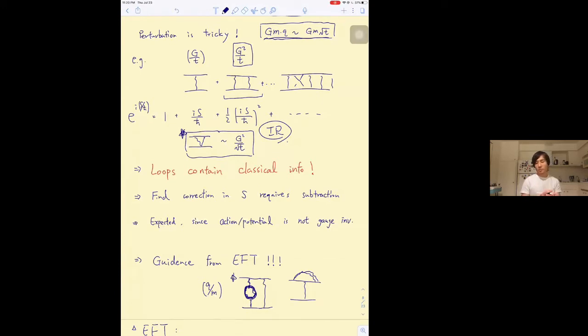Usually when you remove the IR divergence, the problem is not removing the divergence, but having the finite part under control. That's where the EFT becomes very useful and gives you a well-defined answer. You'll see concretely how that happens when you go to the one-two example. Okay, thank you.